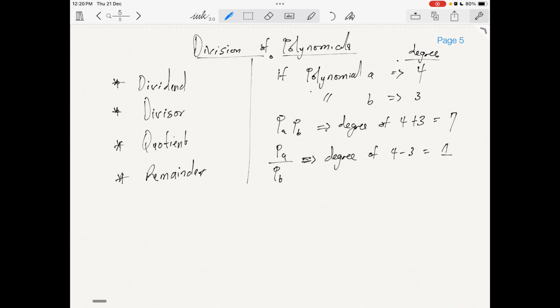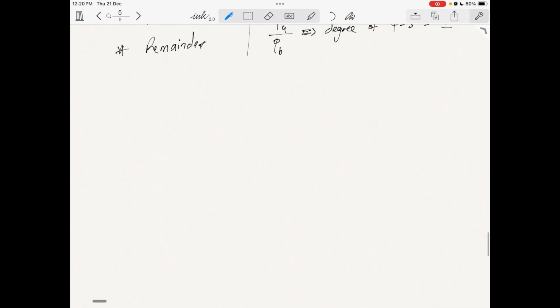So a polynomial of degree n can be divided by another polynomial of degree m if the first degree is greater than or equal to the second degree. Okay, so let's pick a question. Let's say we want to divide p of x, 3x squared minus 2x plus 4, by x plus 2.